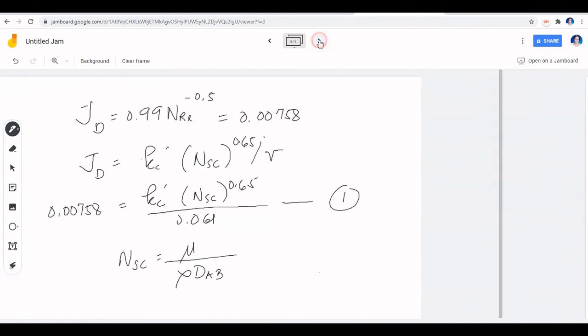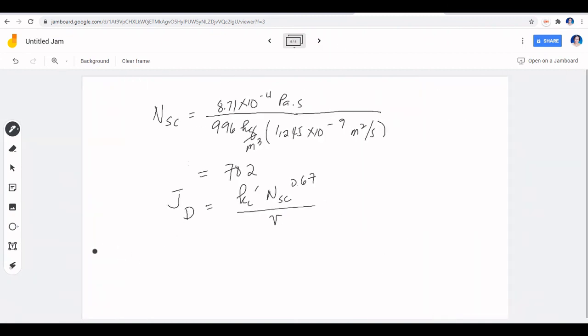So from equation 1 here, you'll have now 0.00758 being equal to, so we still have the K sub C prime and the Schmidt number, which is 702, which we will raise to 0.67.